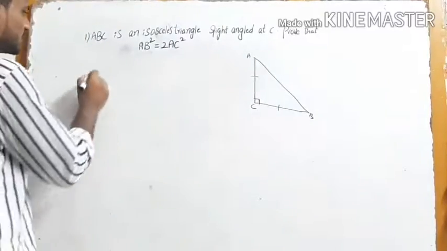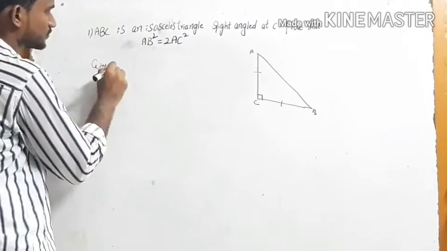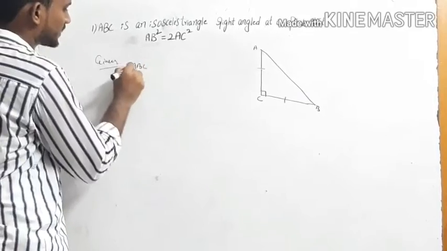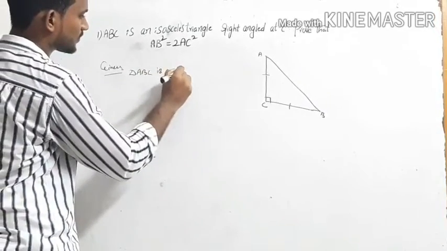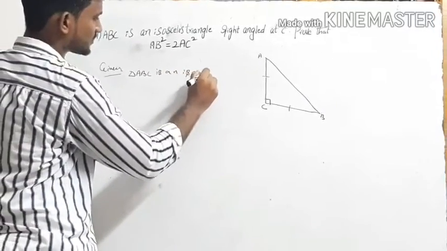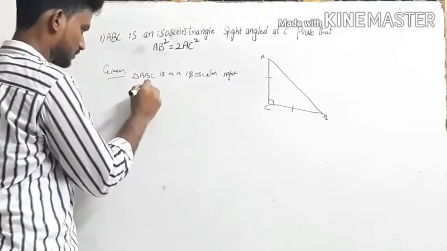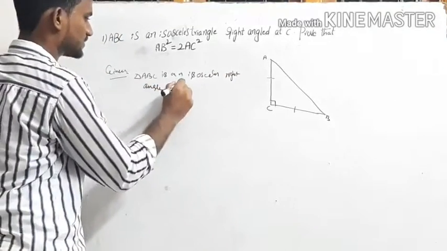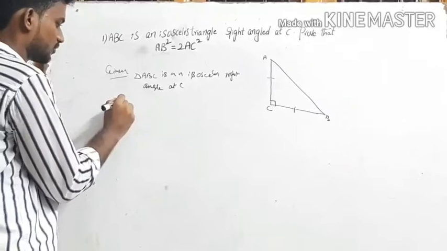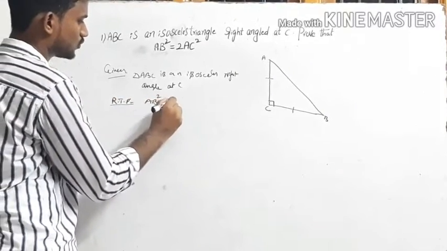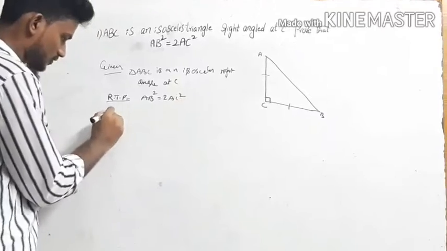So we can write, given: triangle ABC is an isosceles right angle triangle at C. Required to prove is AB square equals 2AC square.